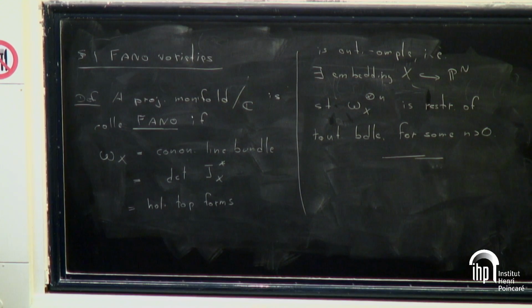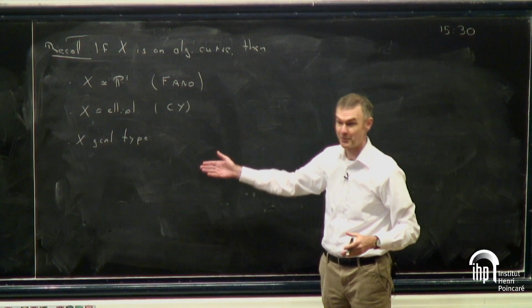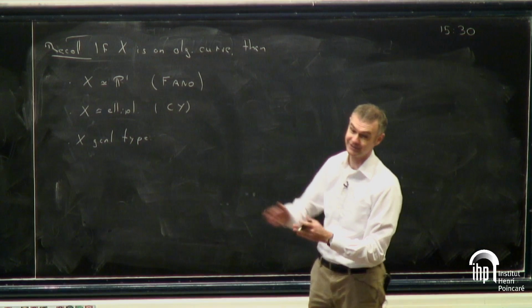Either X is P1, and this is Fano, or X is an elliptic curve, and this I could call Calabi-Yau, or X is of general type. So we have this trichotomy for curves. Something is either positively curved, flat, or negatively curved; parabolic, flat, hyperbolic. There are many adjectives that I can choose that make these three classes distinct.